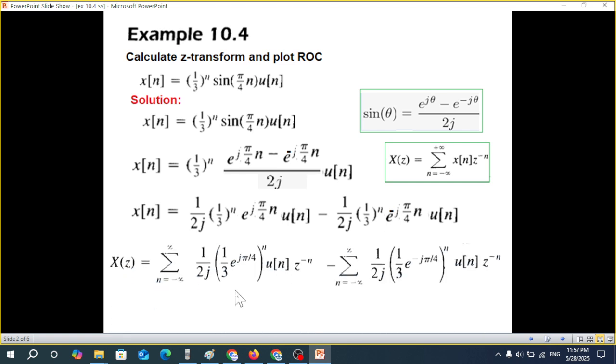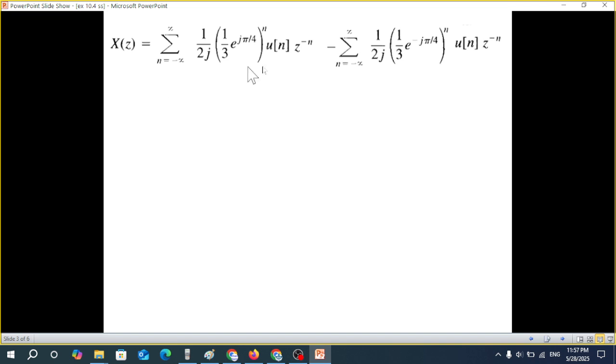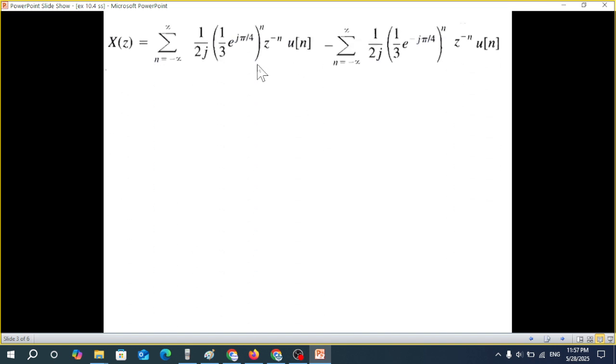Following the same technique, we multiply the whole signal by z^(-n) in both cases. Now we'll bring z^(-n) earlier and u[n] later.